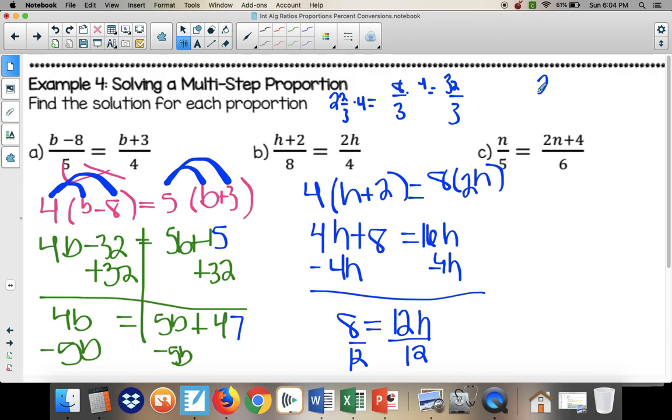And then we've got 2 times 2/3. So if I put 2/3 here, 2 times 2/3 is 4/3, times 8 is also 32/3. So it is a true statement.